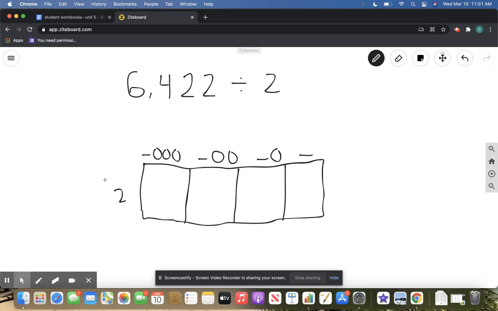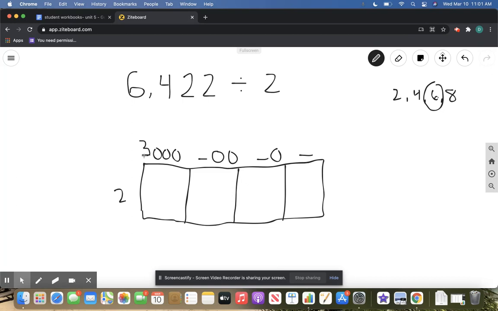So I'm going to start by thinking how many thousands can get me closest to 6,422. Well, I have to know my 2's facts, which are pretty easy: 2, 4, 6, 8. I'm counting by 2: 4, 6, and 8. Well, 6,000, I'm just going to pretend it's 6. I have to do it times 3 to get to 6,000.